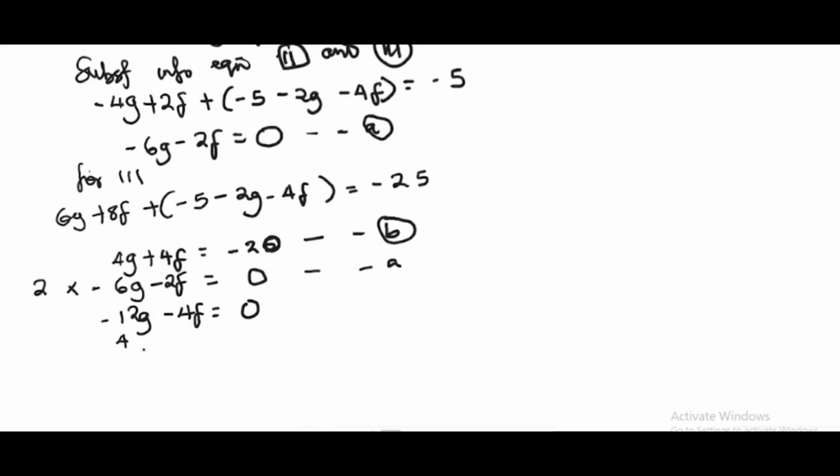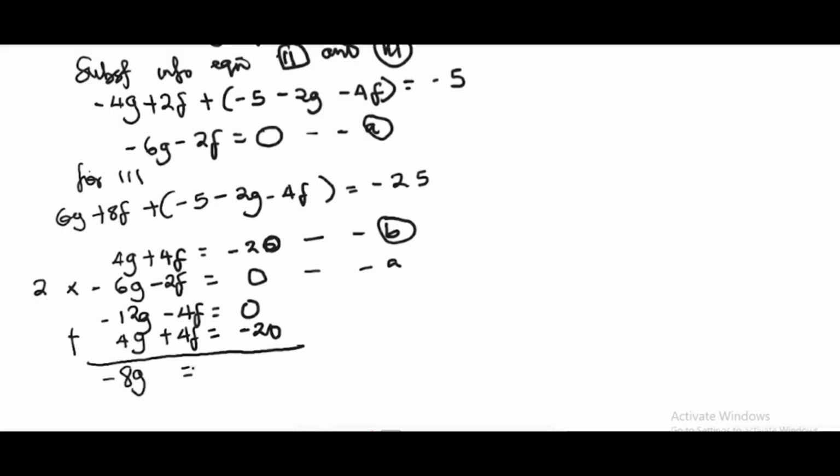So we have 4g plus 4f, because I want to add the two equations together. So adding the two equations, I hope you know why I'm adding: because the coefficients of f have different signs. When the signs are different, you add. That's if you want to eliminate that variable. But when the signs are the same, that's when you subtract. Okay, so minus 12g plus this will give us minus 8g. So f has been eliminated.